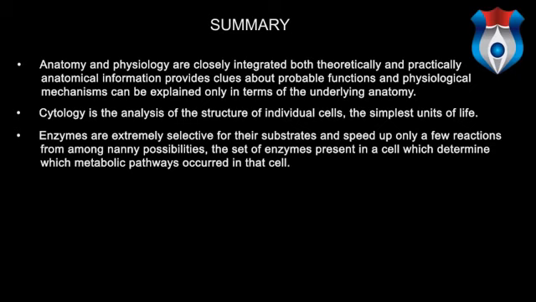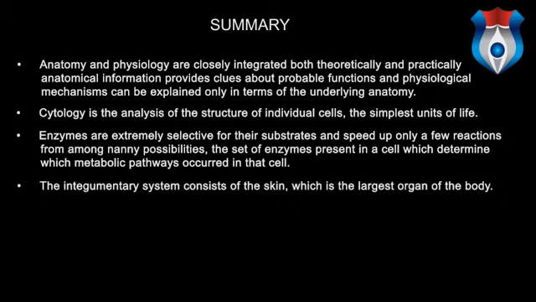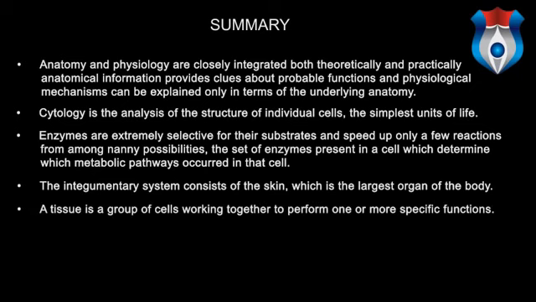Enzymes are extremely selective for their substrates and speed up only a few reactions from among the many possibilities. The set of enzymes present in a cell determines which metabolic pathways occur in that cell. The integumentary system consists of the skin, which is the largest organ of the body. A tissue is a group of cells working together to perform one or more specific functions.